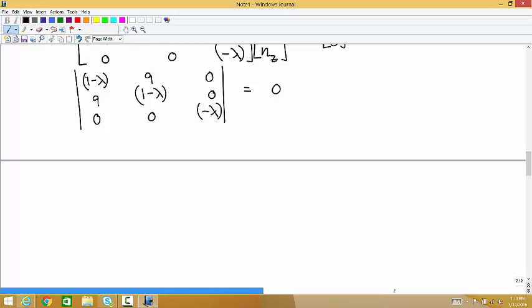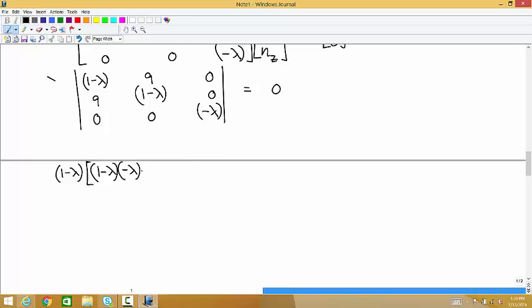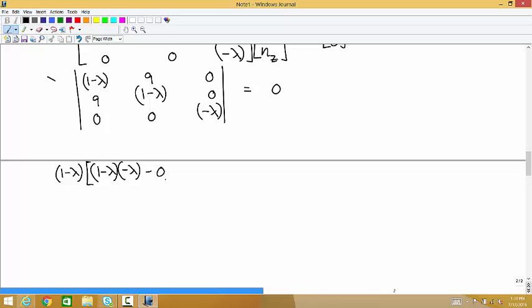Okay, so the determinant says quantity 1 minus lambda times, all in brackets, the quantity 1 minus lambda times negative lambda minus 0.